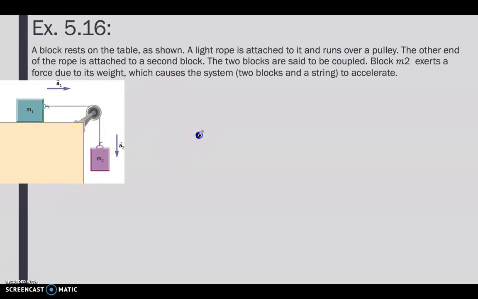Okay, so if we have our M1 here, we will have the weight due to gravity. So it's going to be weight 1, or M1 g. Then we have the normal force on that block. And we also have our tension. Okay, so we have tension here.